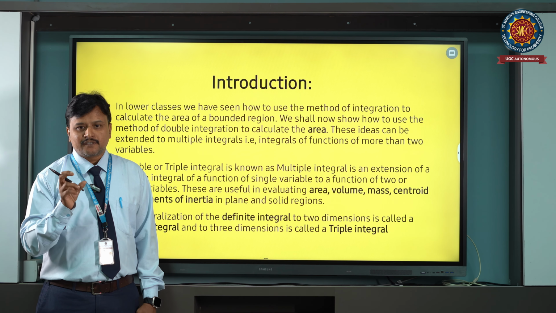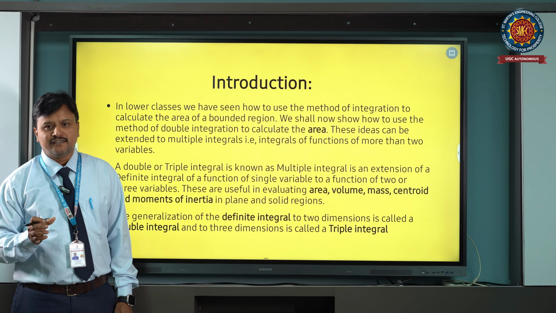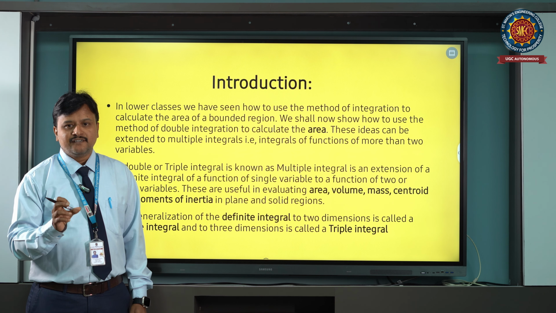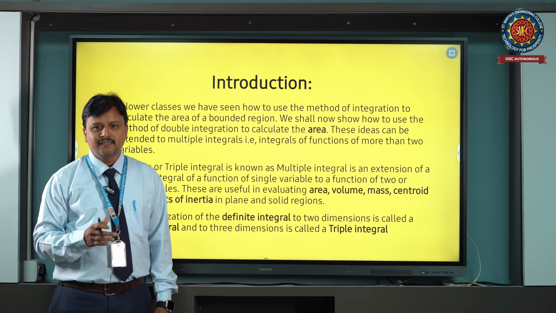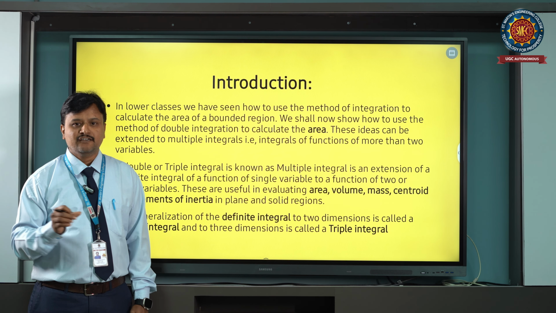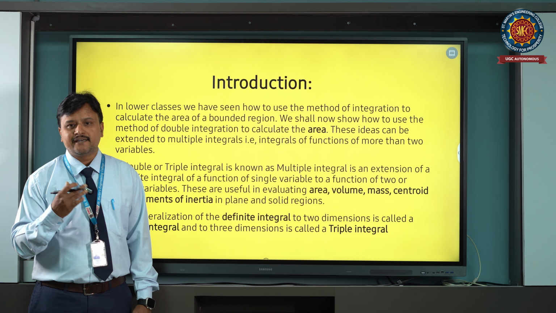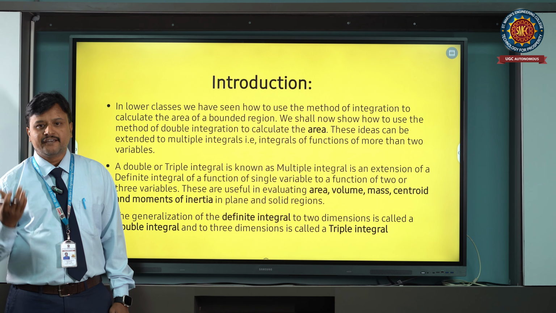Double integrals and triple integrals come under multiple integrals, which are an extension of the definite integral. A definite integral is applicable only for a function of a single variable, whereas double integrals are for functions of two variables and triple integrals are for functions of three variables.